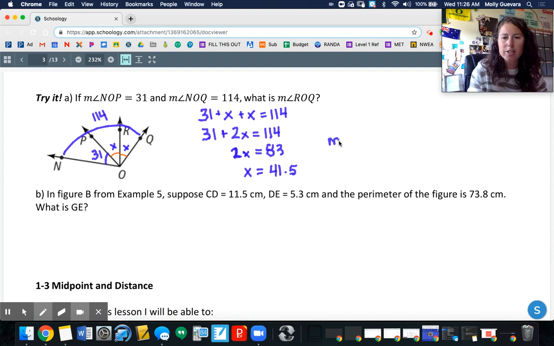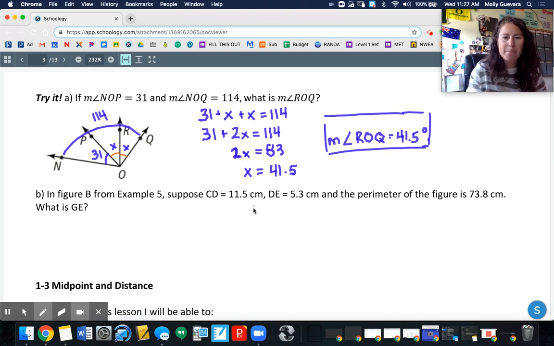So the measure of angle ROQ is equal to 41.5 degrees. And then again, I'm going to box it. Hopefully that's feeling pretty good.